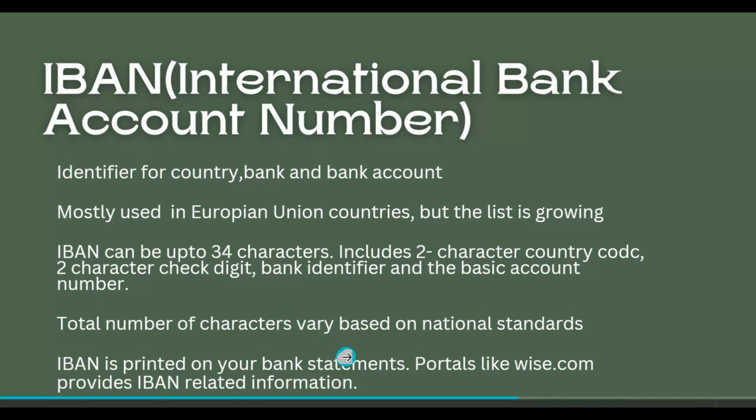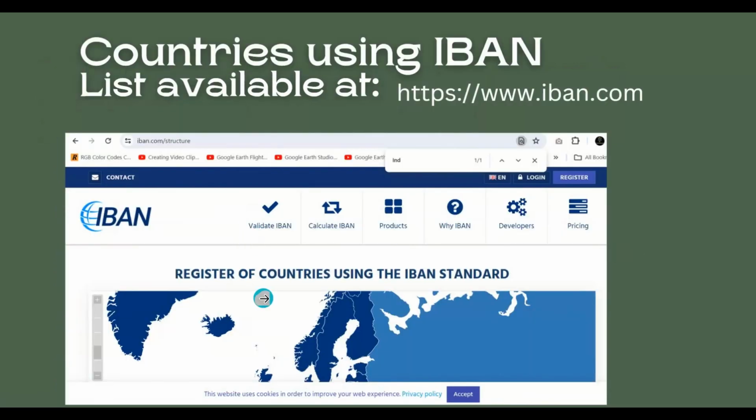The total number of characters varies based on national standards of the participating countries. IBAN is printed on your bank statements. Portals like wise.com provide IBAN related information. I said IBAN is used in the European Union and some other countries. This list of countries is growing fast. You can see the list on IBAN.com.